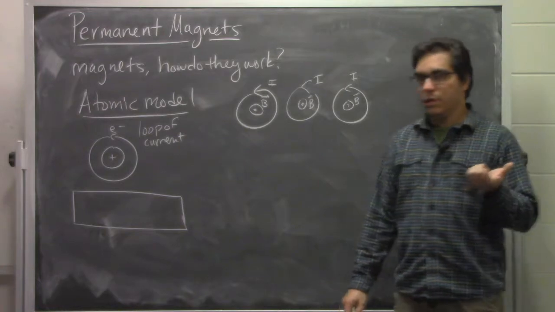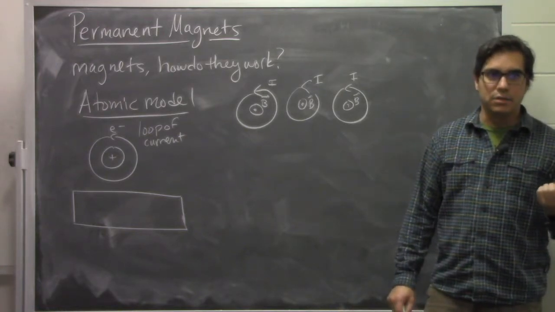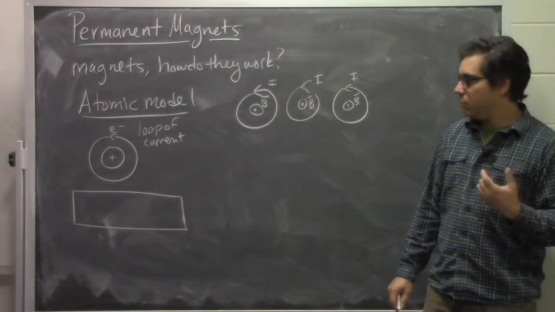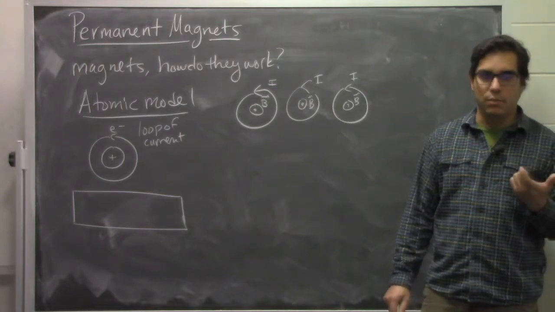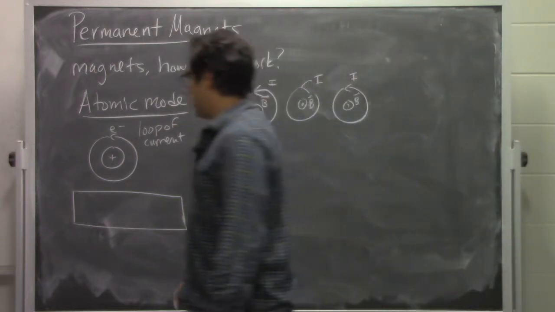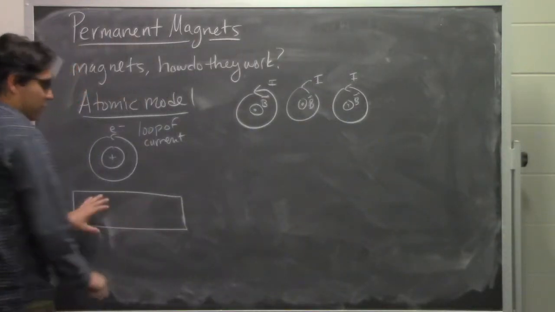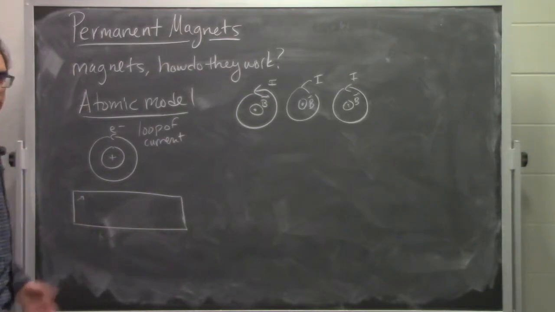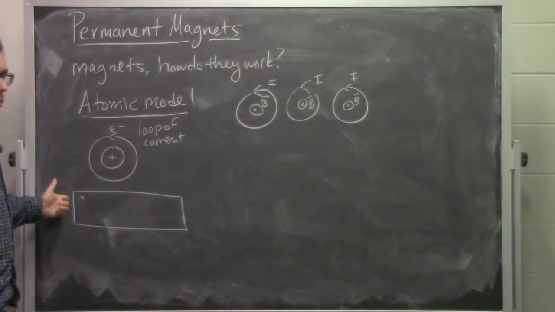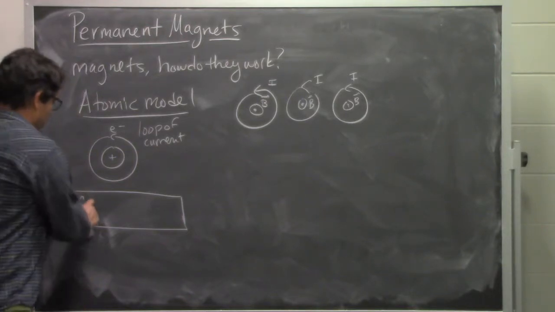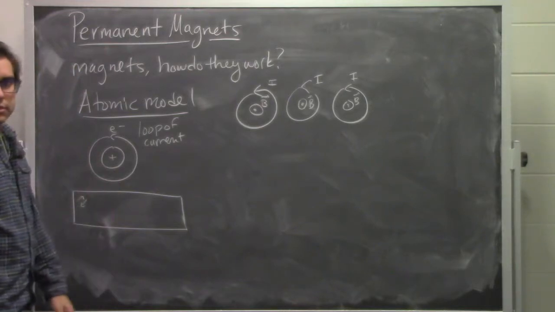Namely that for most materials, these little atomic models actually are not oriented in the same direction. So they don't produce a coherent magnetic field, or what we would refer to as a magnetic dipole moment, one that adds up over long distances. So this is a crude picture of a piece of material, and so there might be one of these guys that produces a magnetic dipole moment or a little magnetic field that points in this direction, and the one right next to it might point in the opposite direction.